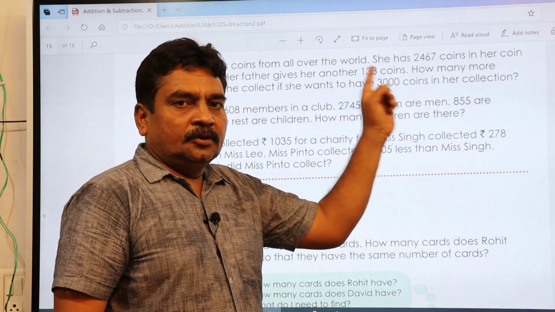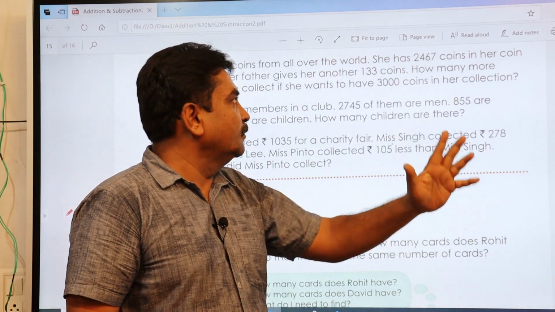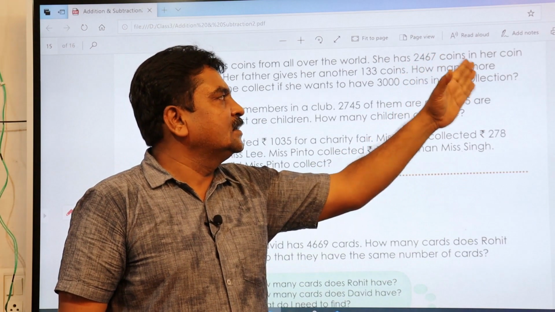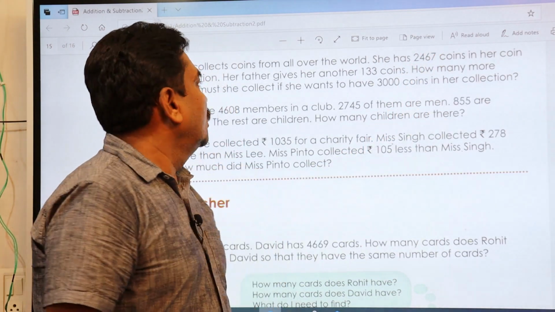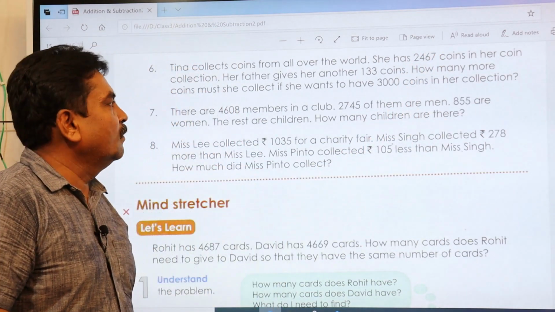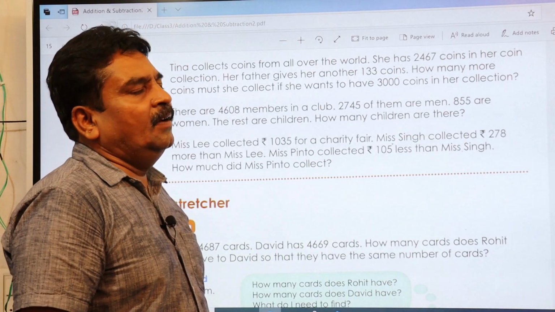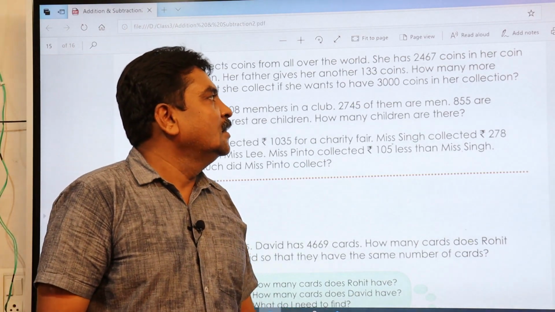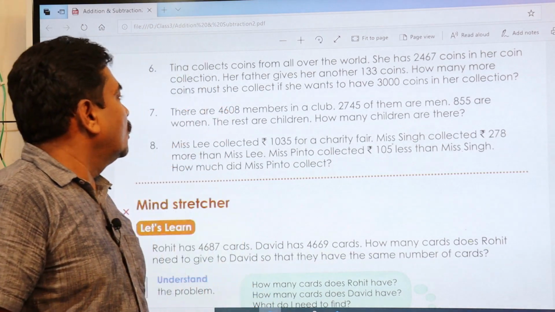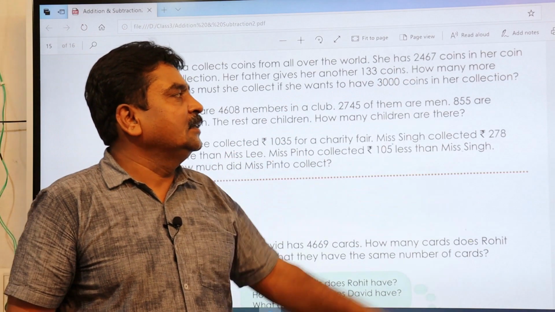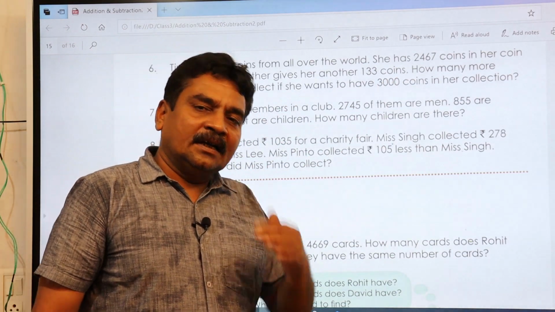Full stop. Stop there. Try to understand. She has 2,467 coins in her coin collection. Her father gives her another 133 coins. How many more coins must she collect if she wants to have 3,000 coins in her collection?